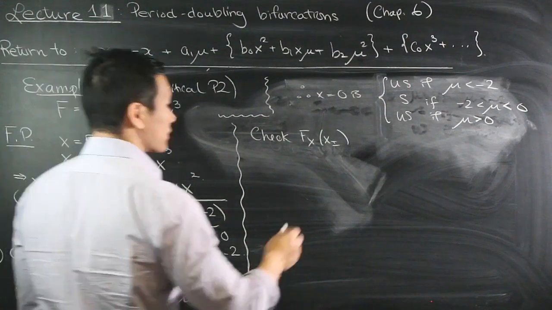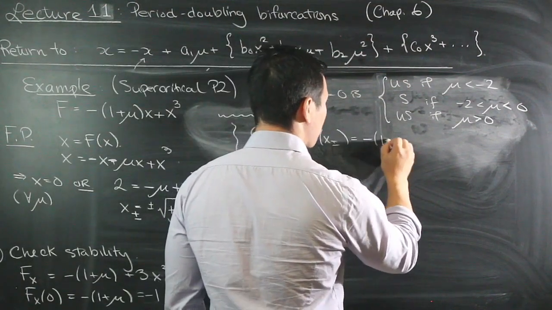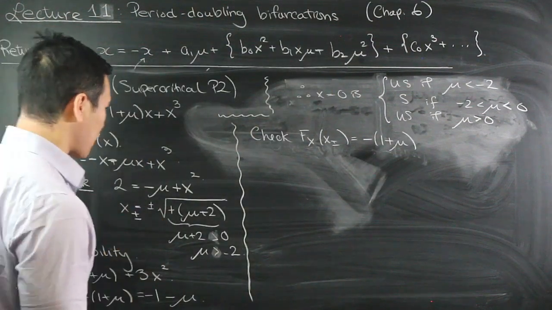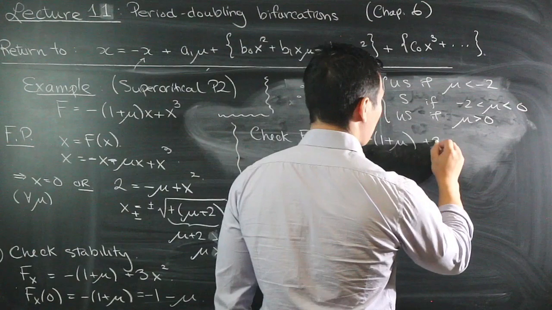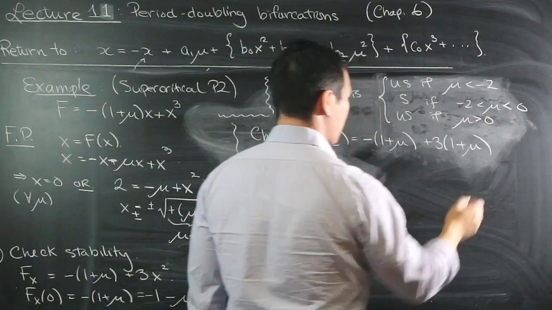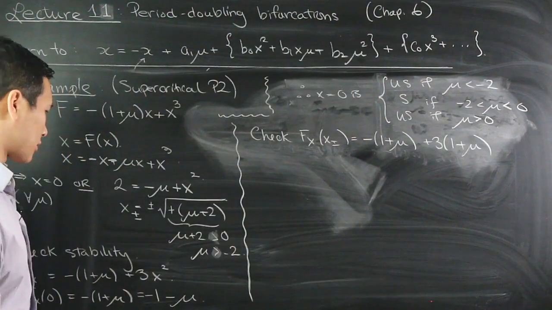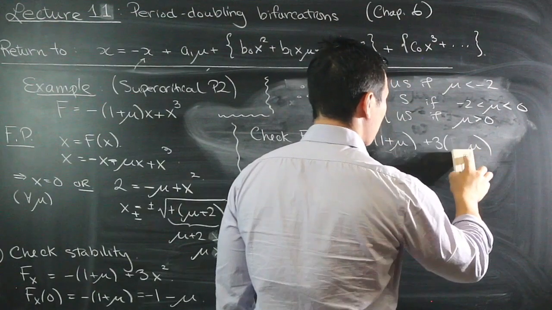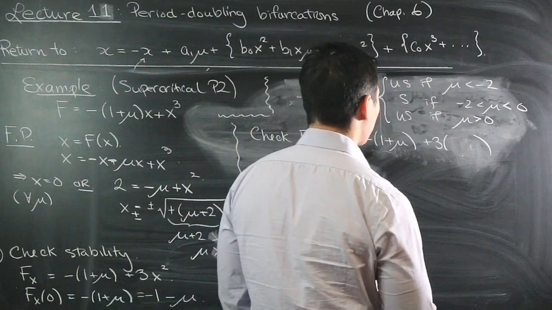So it's going to be -1 plus mu plus 3 times this quantity squared. And I think that's right. Oh, sorry, it's mu plus 2. Bit too hopeful there. Mu plus 2.